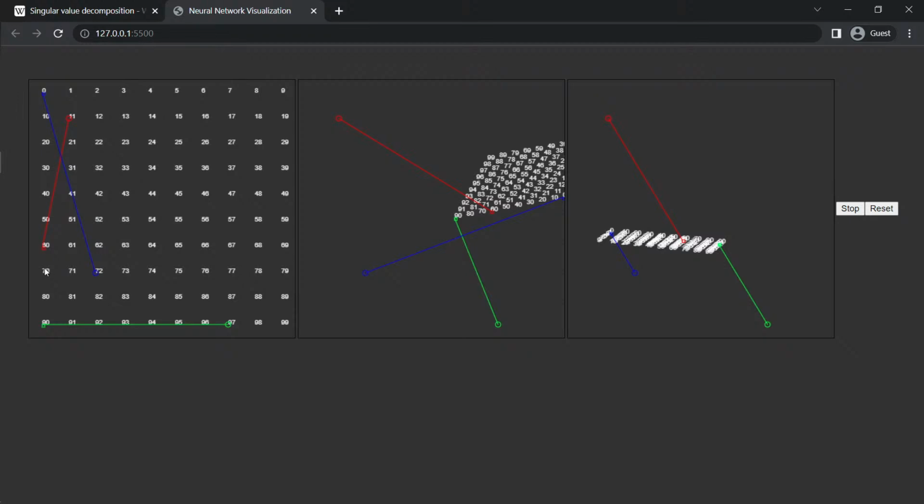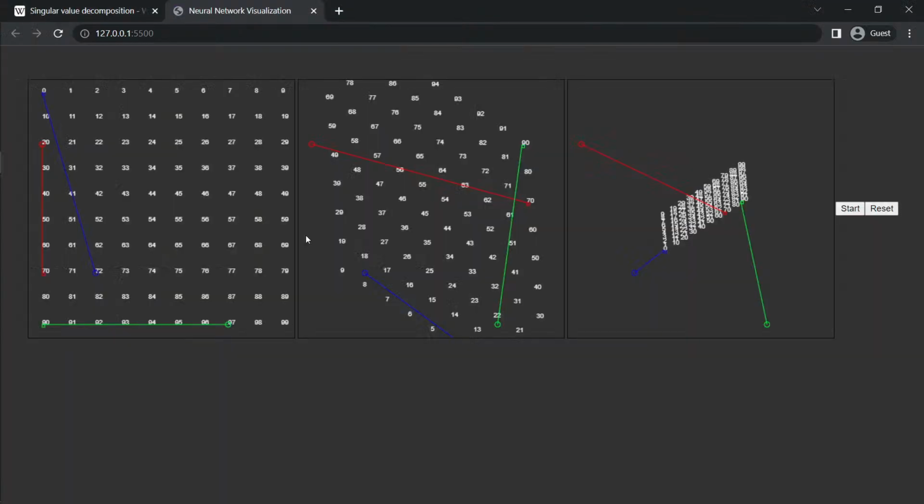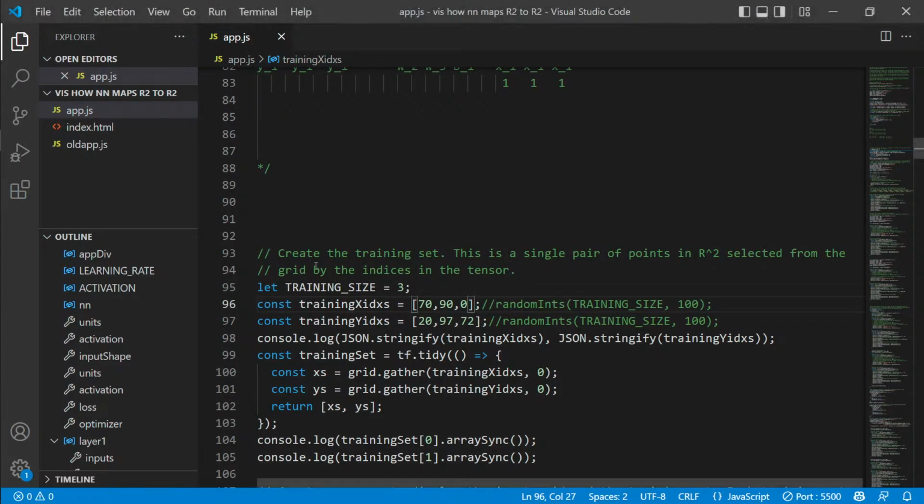So we're going to say 70 wants to go to 20. That'll be part of the clockwise rotation. Then over here, say 29 wants to go to 69. That's also part of the clockwise rotation.